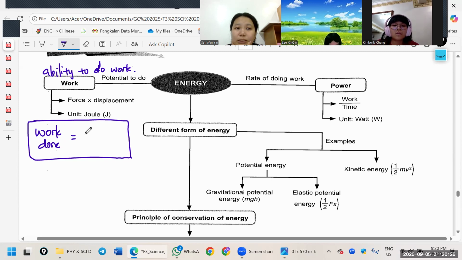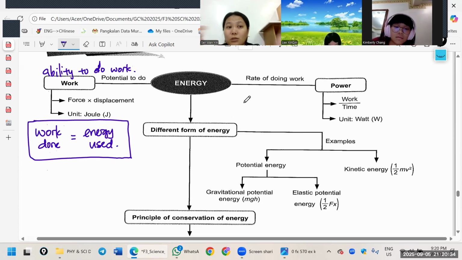So work done actually is energy used. Remember, many students are confused, like me. I could not understand that work done is energy used until I was in matriculation. Only then I realized, oh, the words are different.